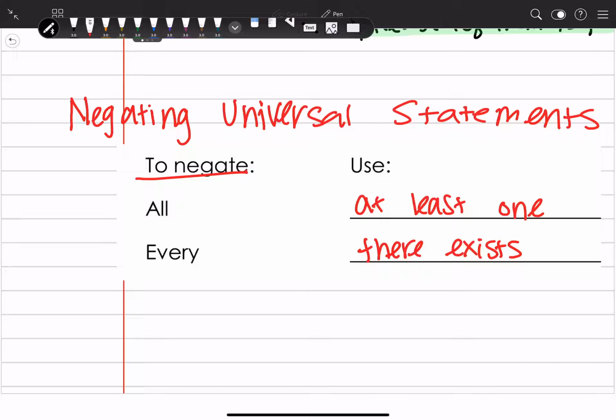So this is saying that for every single day Miss Samji drinks coffee, there exists at least one day that Miss Samji does not drink coffee. For example, yesterday, but today Miss Samji needs it. All right, and then vice versa. If you have something like "at least one," you can use that and go backwards. So it works both ways, like that.